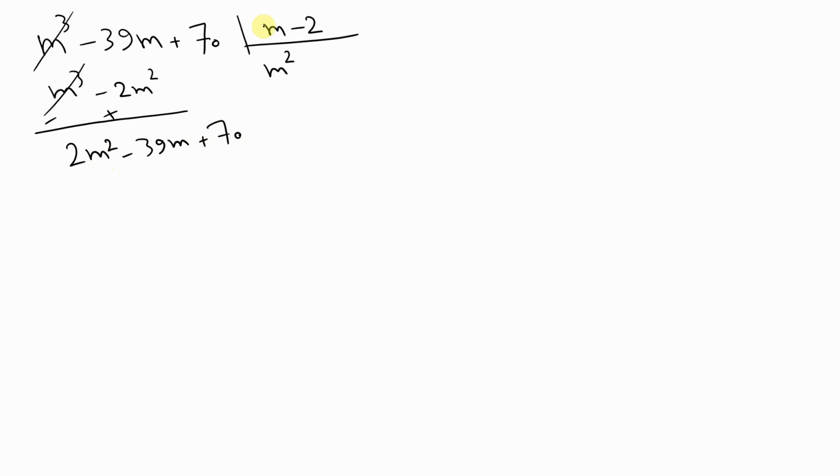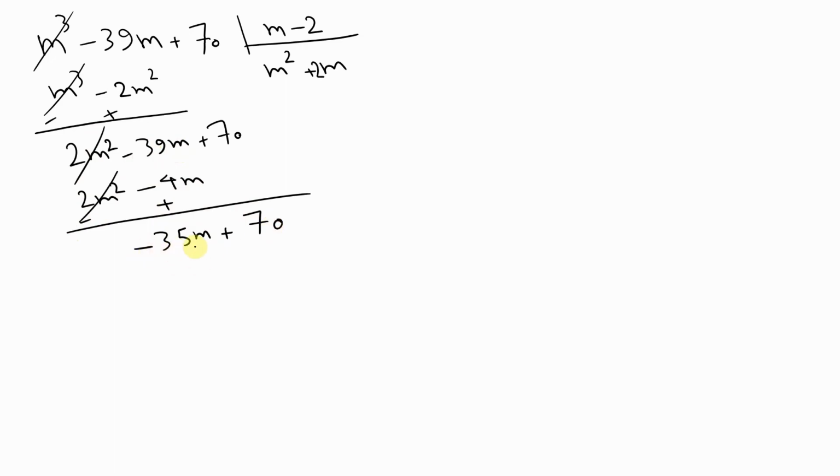Now 2m squared divided by m is equal to 2m. So 2m squared and minus 2 times 2m, which is minus 4m. This one becomes plus, this one minus, these two are crossed out. Minus 39m plus 4m, so here we have minus 35m plus 70. Now minus 35m divided by m is minus 35.